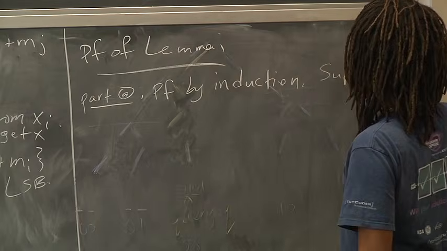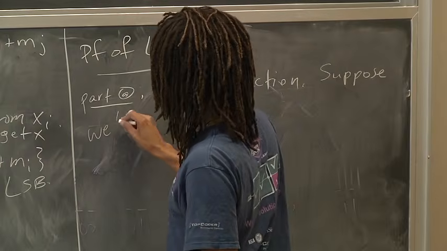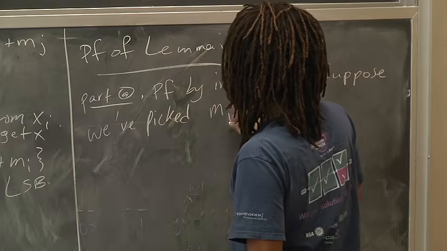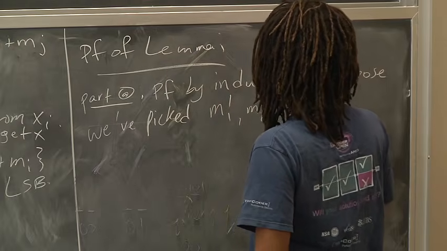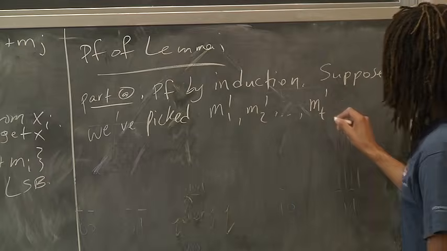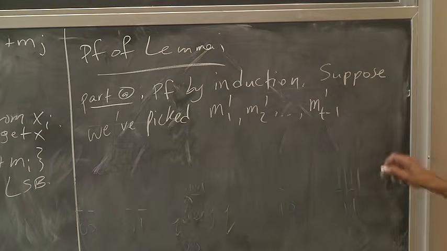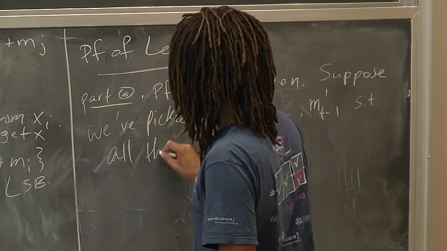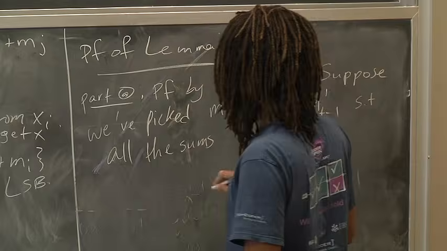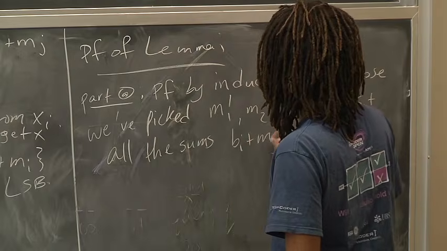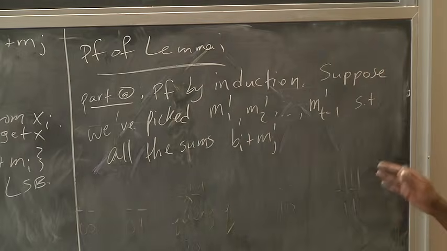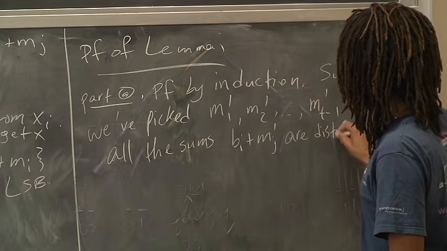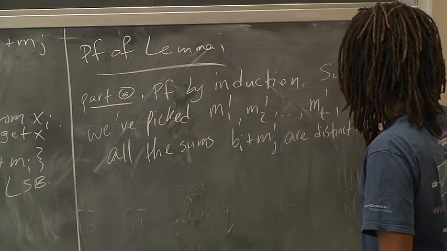Suppose we've already picked m1 prime, m2 prime, up to m(t-1) prime, such that all the sums bi plus mj prime, so these are not going to be the final m's, but these are the mj primes, are distinct mod r cubed.